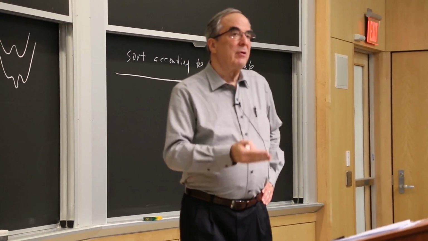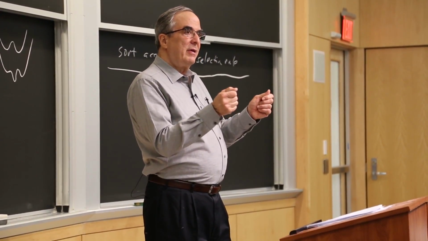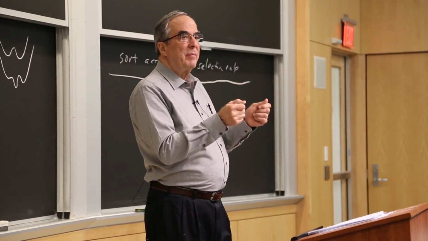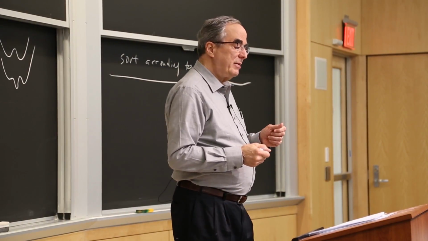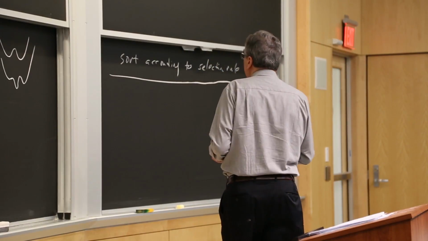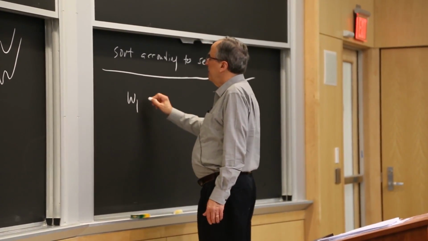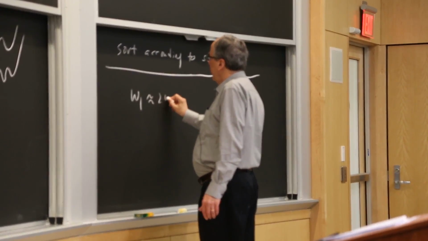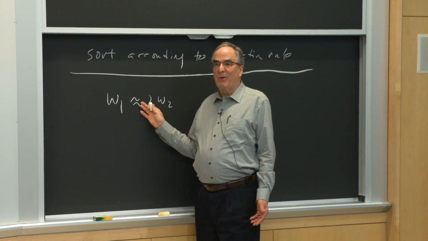So, non-degenerate perturbation theory works when the energy denominator is large compared to the coupling matrix element. And accidents occur when you have, say, a situation where omega 1 is approximately equal to 2 omega 2. Now, this isn't just blowing smoke.